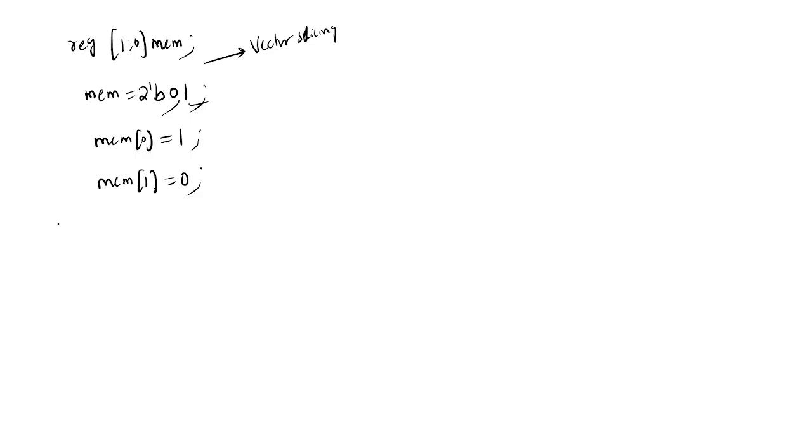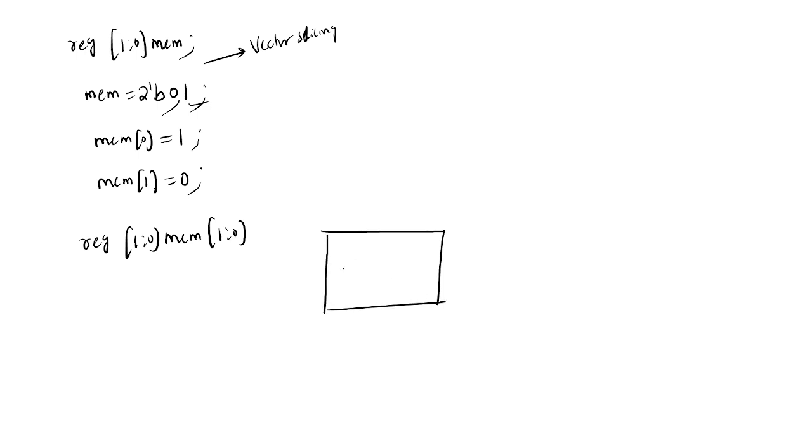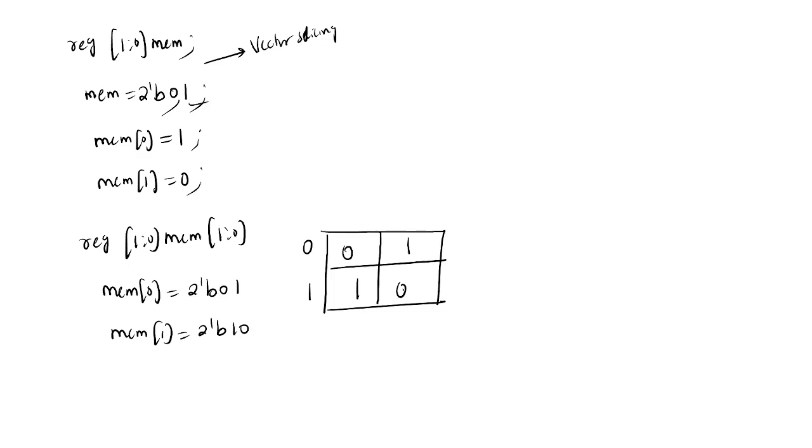But coming to arrays, suppose I consider reg [1:0] mem [1:0]. How many locations are forming? Two locations, 2 bits each. This is the 0th location and the first location. mem[0] = 2'b01 and mem[1] = 2'b10.